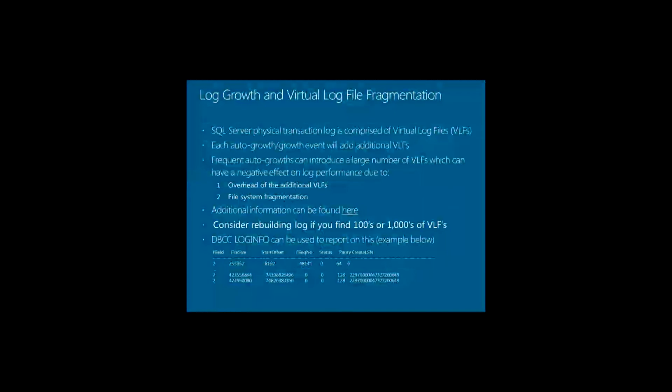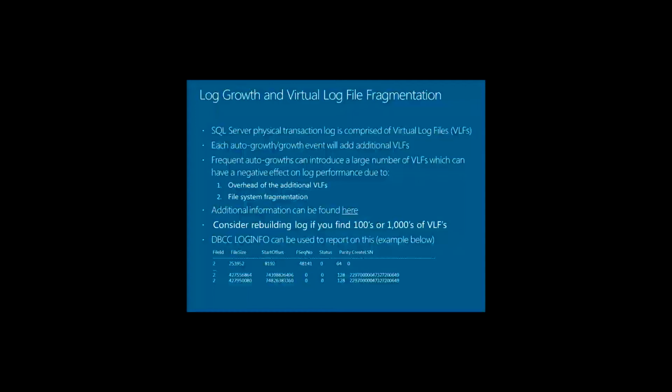A trap that some customers find themselves in is that they size their log file based on what they think is going to be required, and they may leave the growth increment of the log file either at the default or explicitly set it to a very small increment. If some unusual operation happens that causes that log file to have to grow significantly, each growth increment adds 4 VLFs, so we'll subdivide each growth into 4 VLFs.